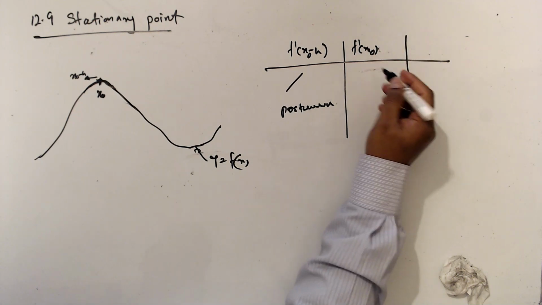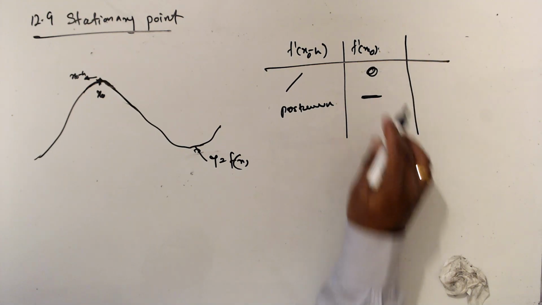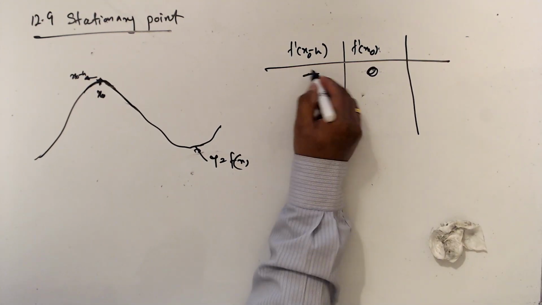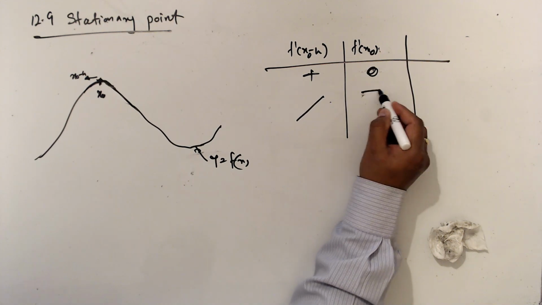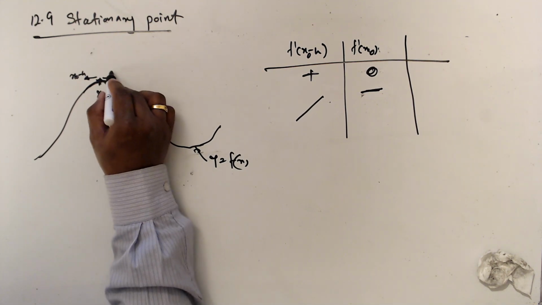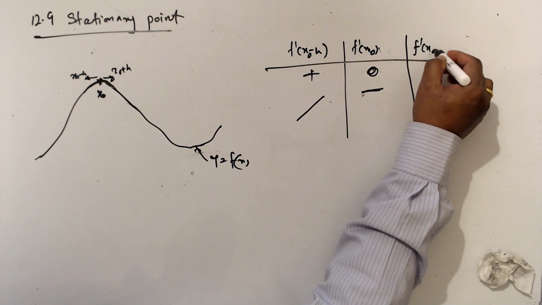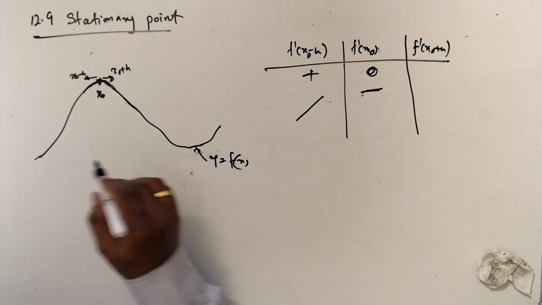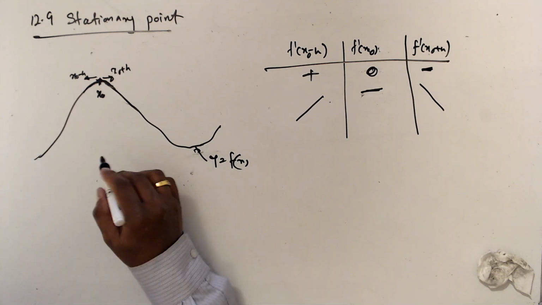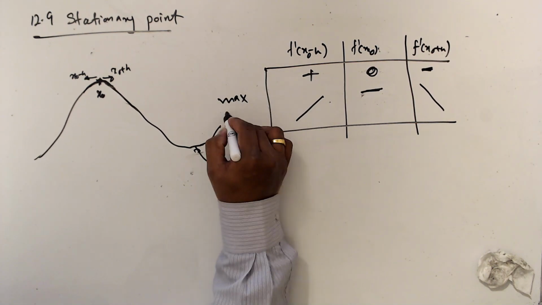You can see that on the left this is positive. And then you just go a little bit to the right, x naught plus h distance, and check the gradient. If it is negative, then what is this one? So this is a maximum.